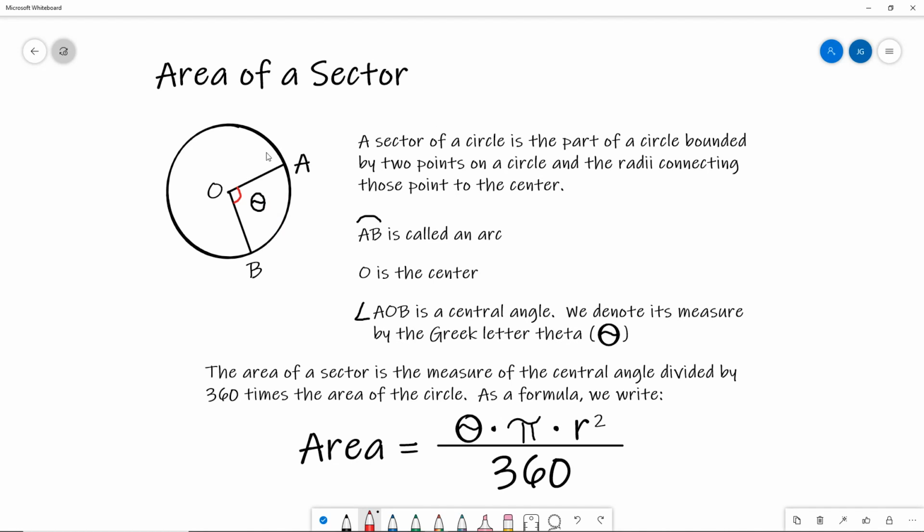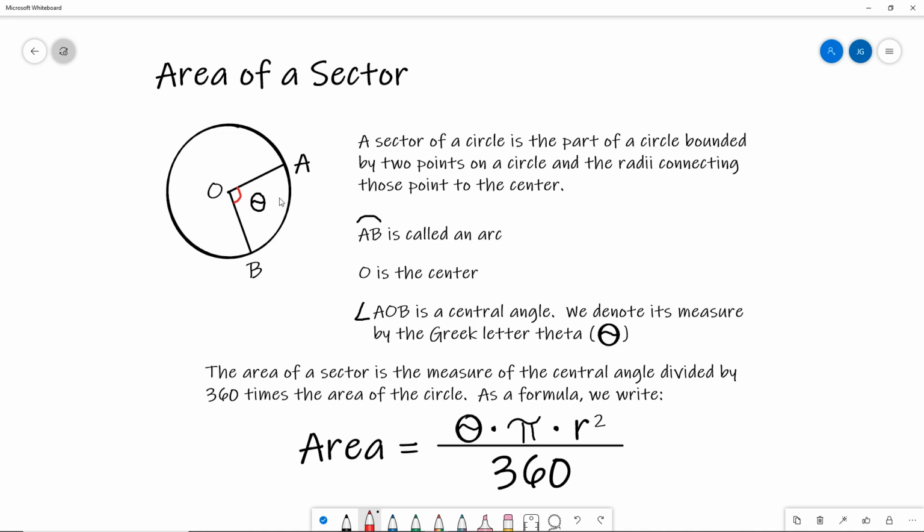We have what's called a central angle. Central angle here is the angle from A to O to B. So it's the angle that has the center as its vertex and has the 2 radii as its sides. And we are noting here that angle AOB is the central angle.